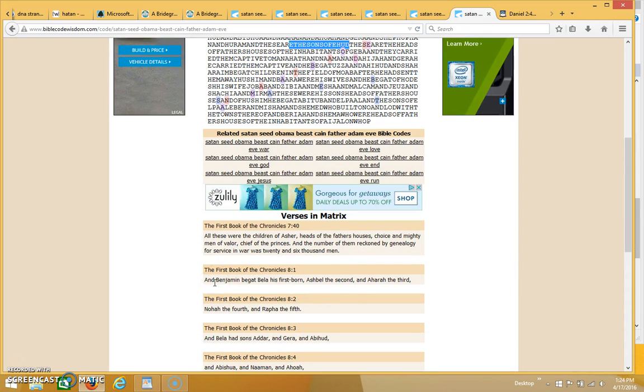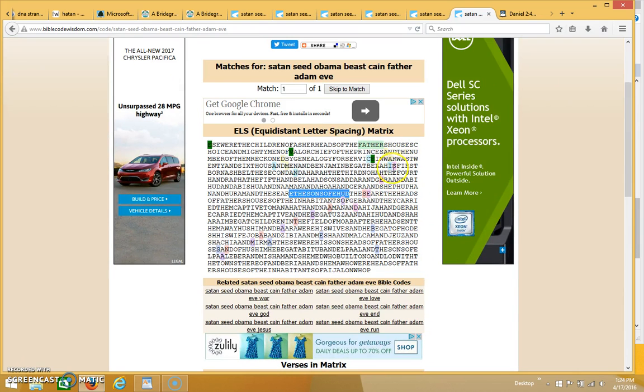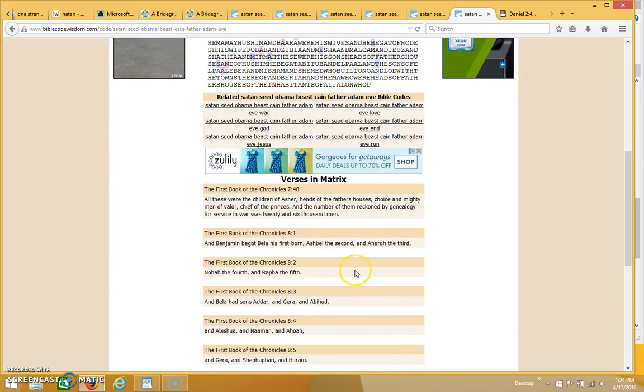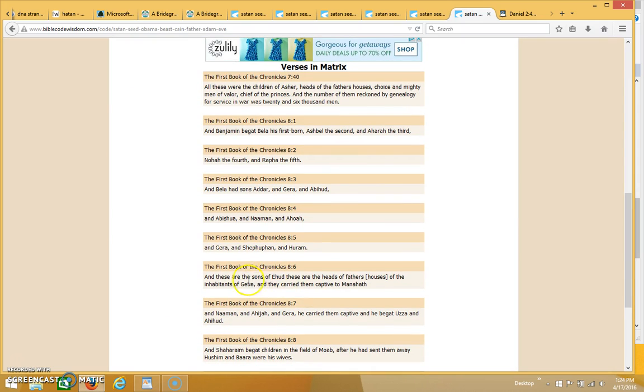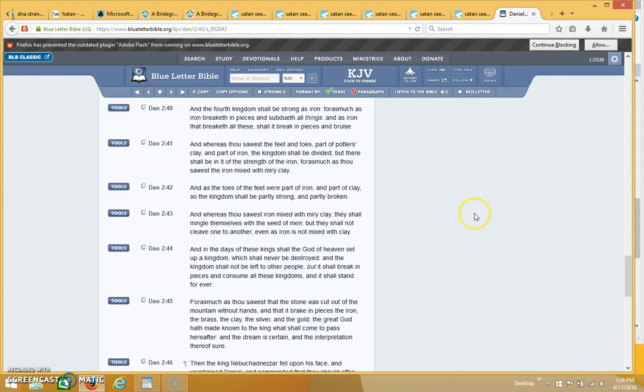And at first I had looked up the word Asher, but that's really not the beginning of this strand of genealogy. This strand of genealogy, where these two names are combined, seems to stem from the sons of Ehud. And so when you look that up, let me pull up that verse. Okay, that's Chronicles 8:6.